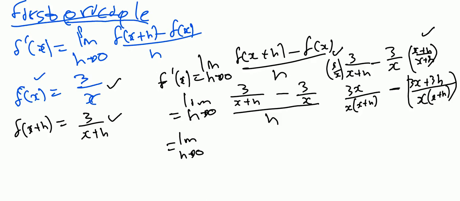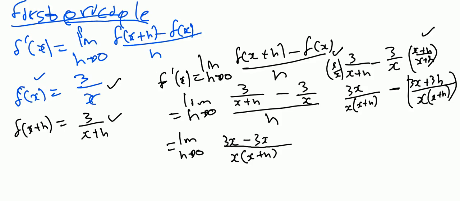Since now we have the same denominator, we can write this all over the same denominator. What is our denominator? X into x plus h. So now we put our numerator. In our numerator, we have 3x. Remember, this negative affects everything.